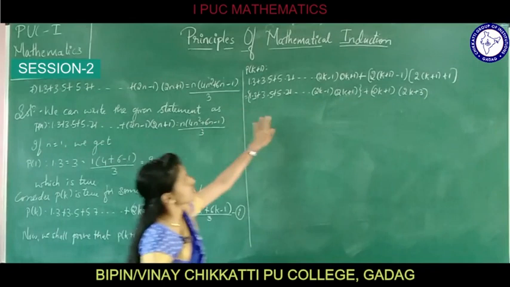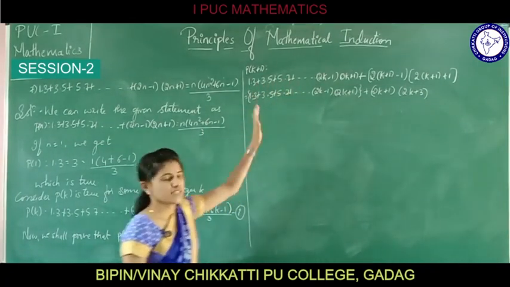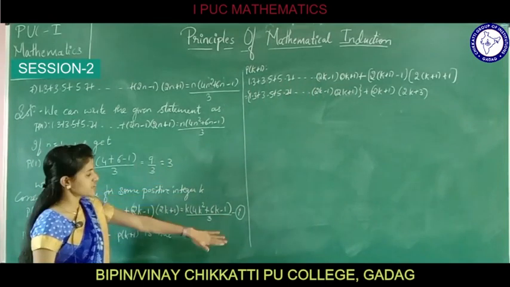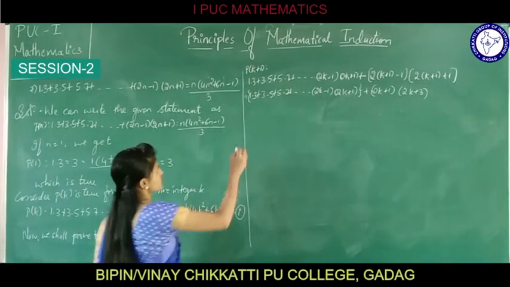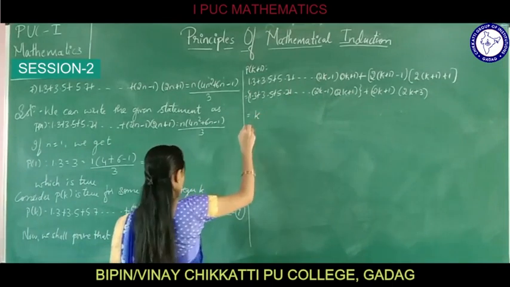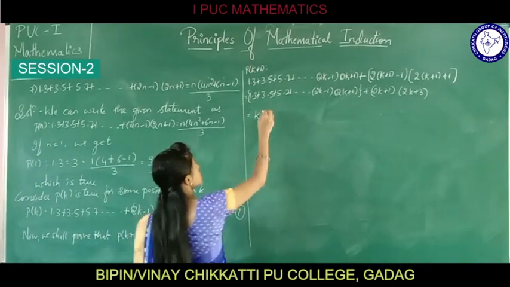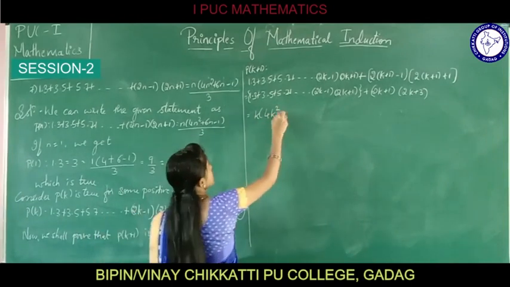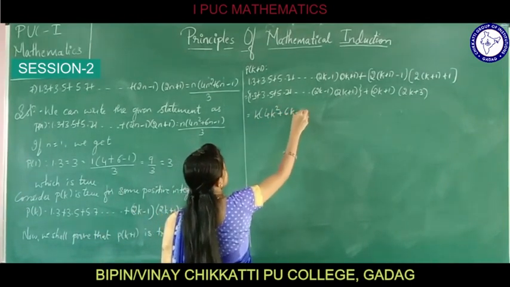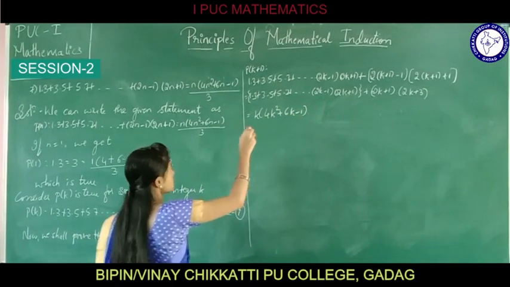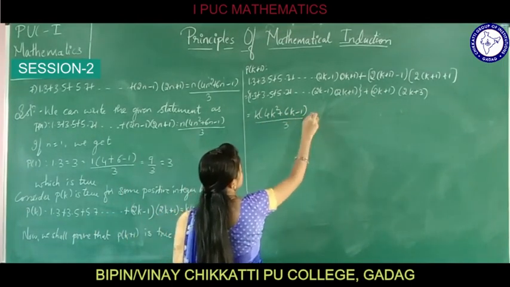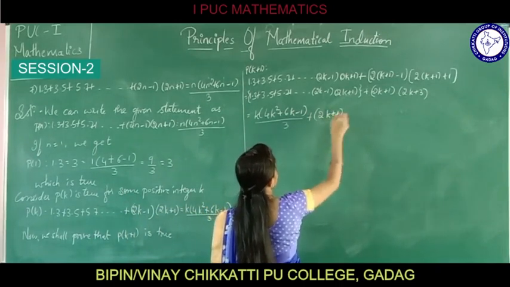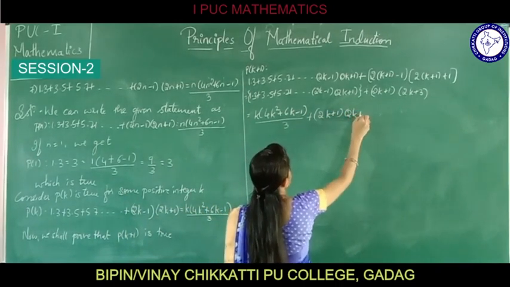This entire thing can be replaced by equation 1. Just substitute equation 1 in place of that, that is k into 4k square plus 6k minus 1 divided by 3 plus 2k plus 1 into 2k plus 3.